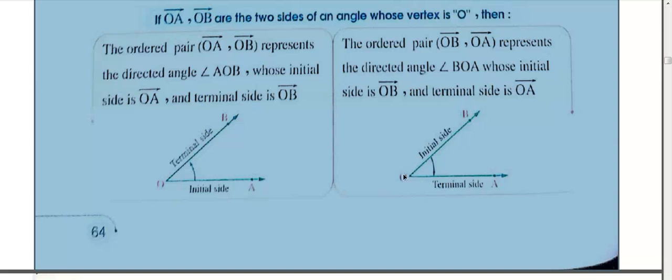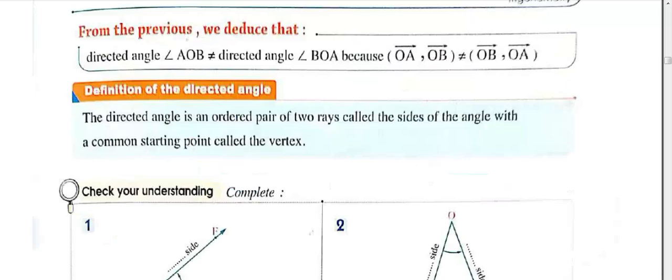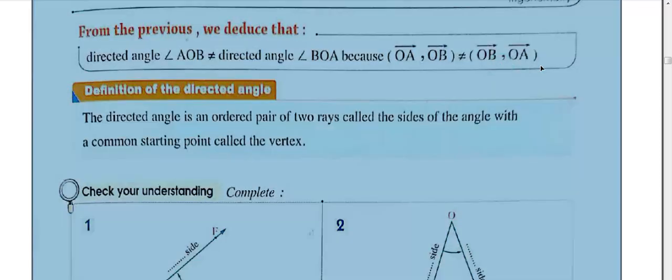We begin from OB, so OB is the initial side, and the arrow comes from OB to OA, so OA will be the terminal side. So the order OA and OB is not equal to the order OB and OA. Directed angle AOB is not equal to directed angle BOA.